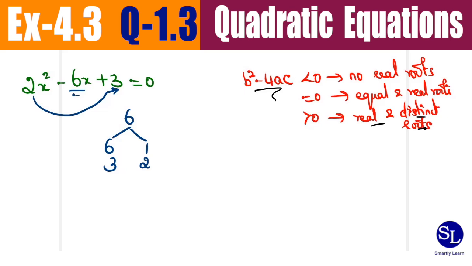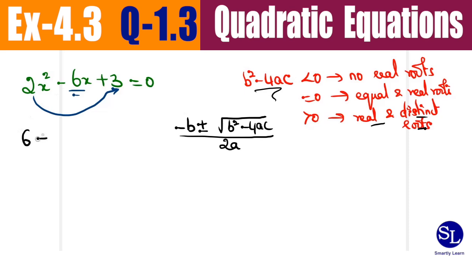So let's see, the formula is minus b plus or minus root of b square minus 4ac divided by 2a. So let us start substituting for this particular formula here. Minus b is already negative, so minus of minus is plus 6, plus or minus square root of minus 6 the whole square.